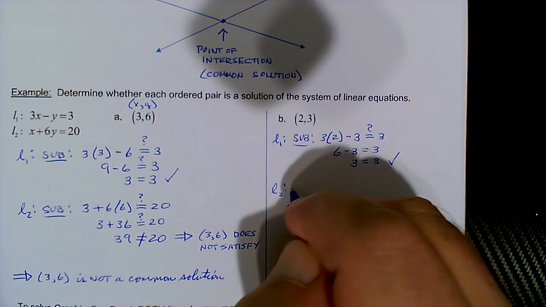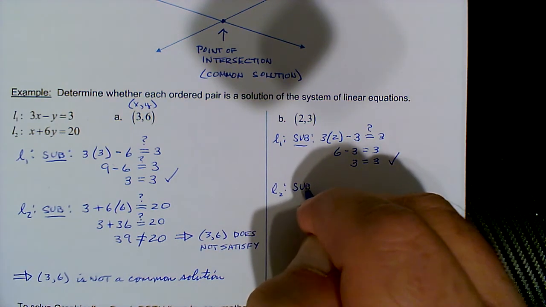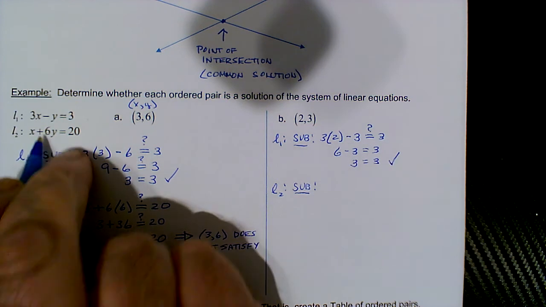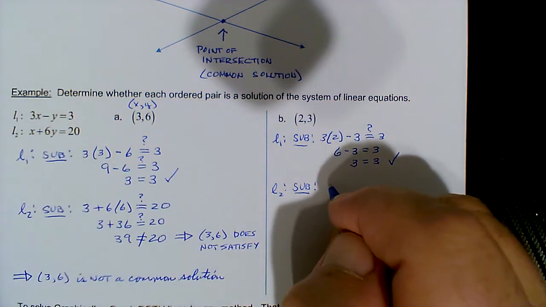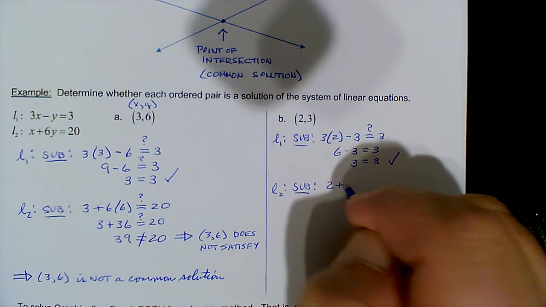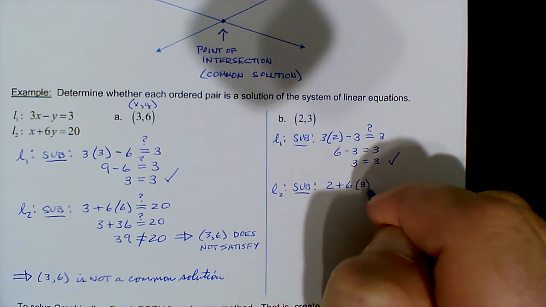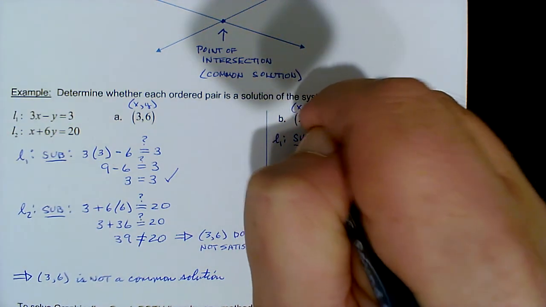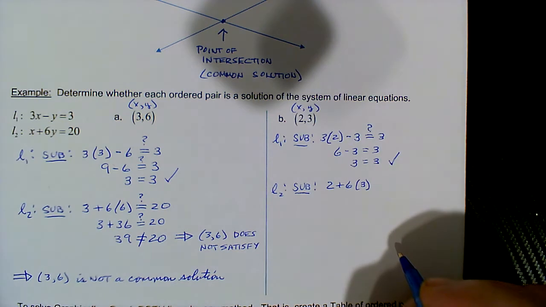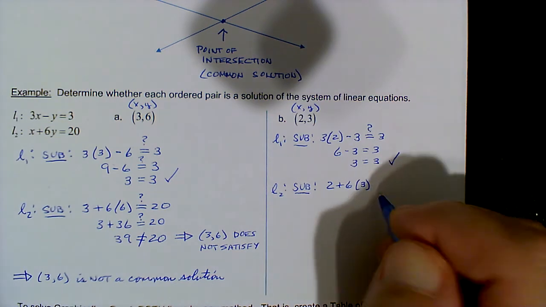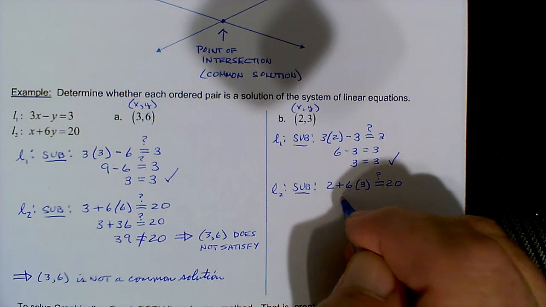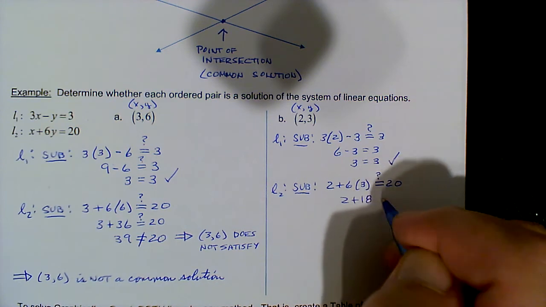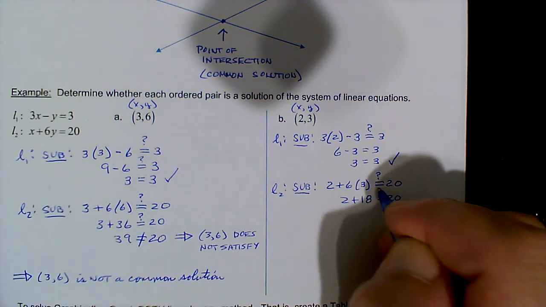Let's check out L2. Now we're using the equation x plus 6y is 20. X is 2 plus 6y is 3, because again, this is the ordered pair of x, y values, if you'd like to label it. Is that equal to 20? And we get 2 plus 18. Is that equal to 20?